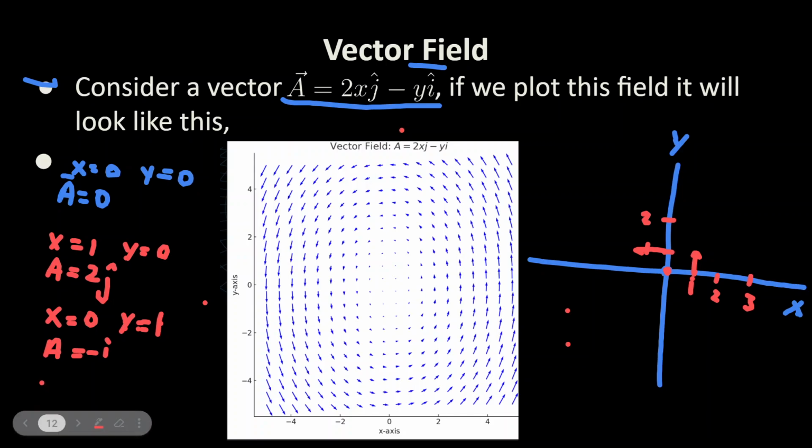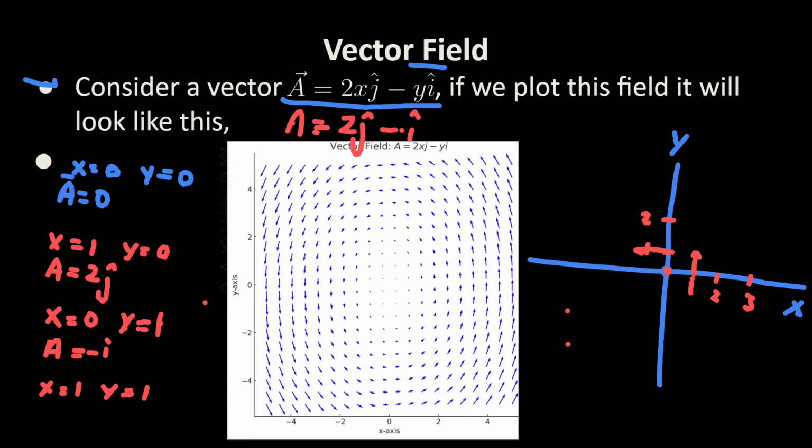So if I put x equal to 1 and y also equal to 1, so what we get? We get this vector as equal to 2 j cap minus i cap.